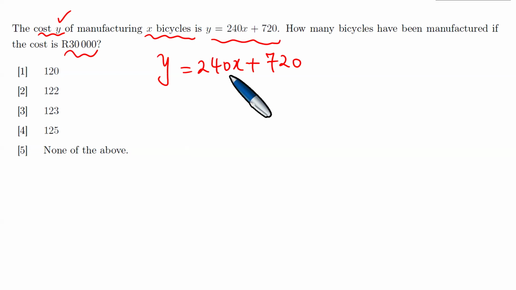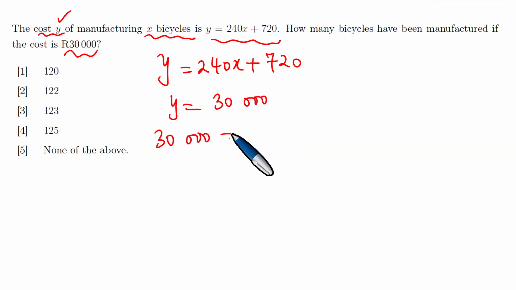Okay, so in other words, what is the cost? The cost is 30,000, and the cost is y, which means that y equals 30,000. Which means at this point, when I have 30,000, it is 240x plus 720.